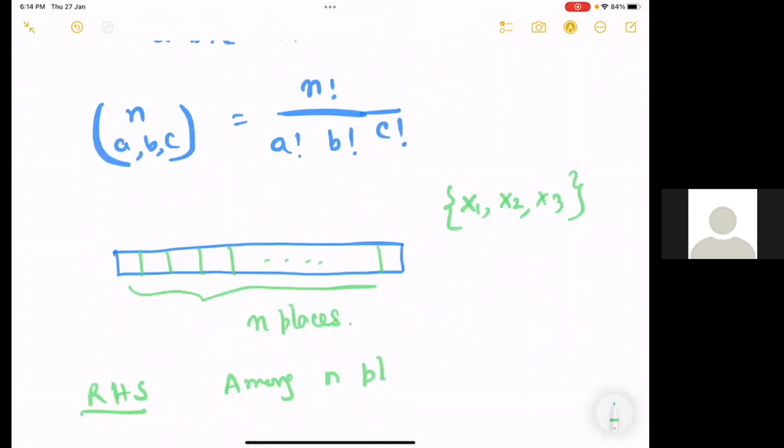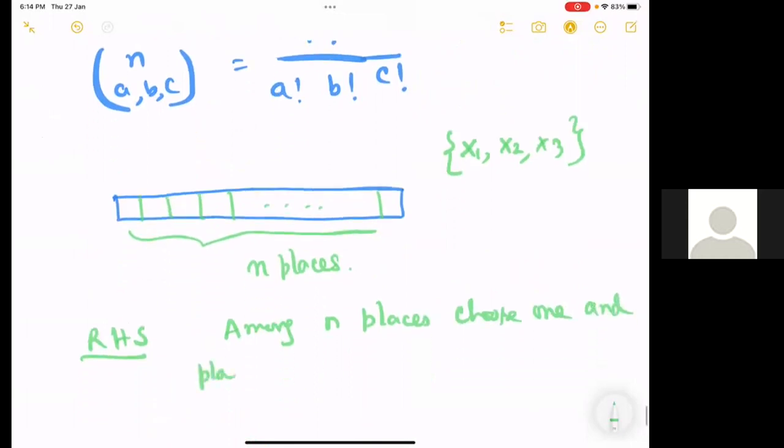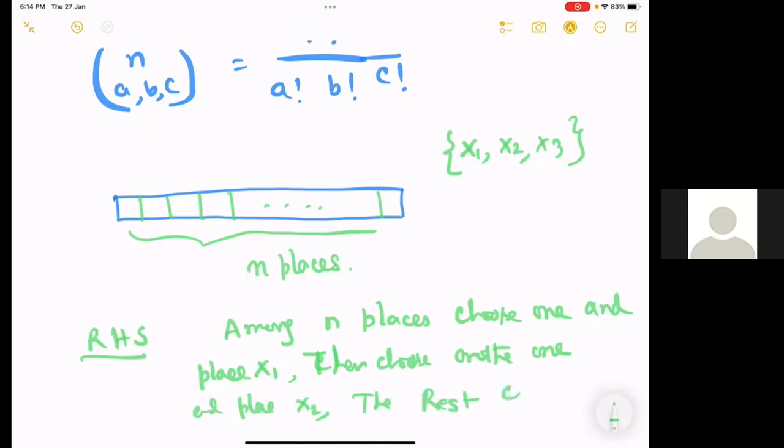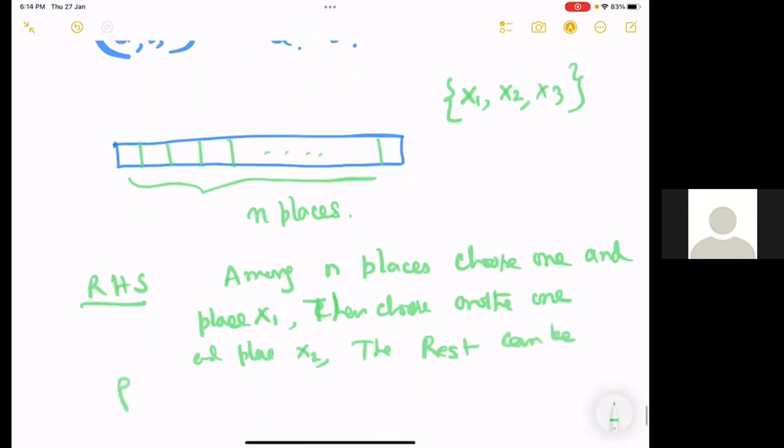Among n places, choose 1 and place x1, then choose another one and place x2. The rest can be filled up in any way. This is what Bijan said, right?